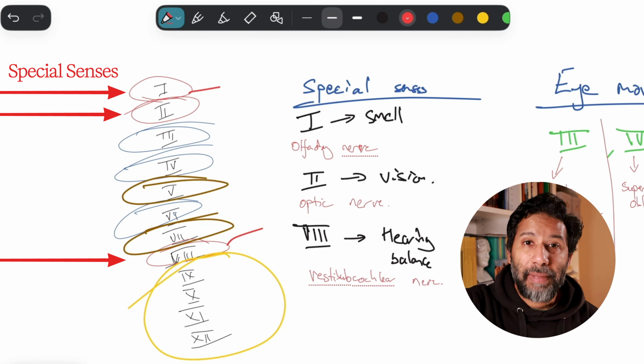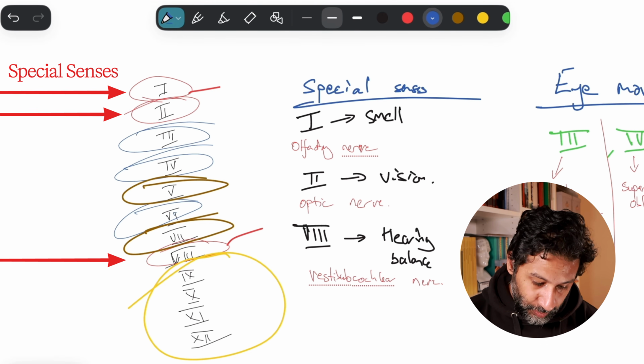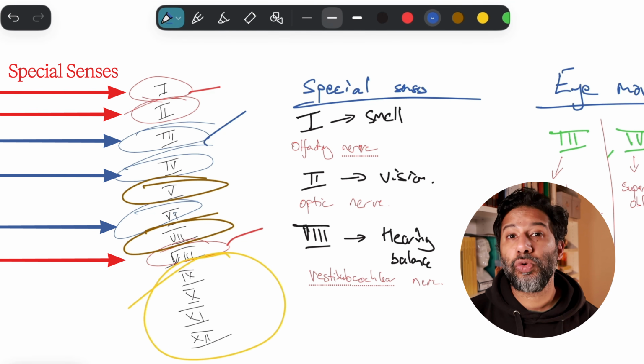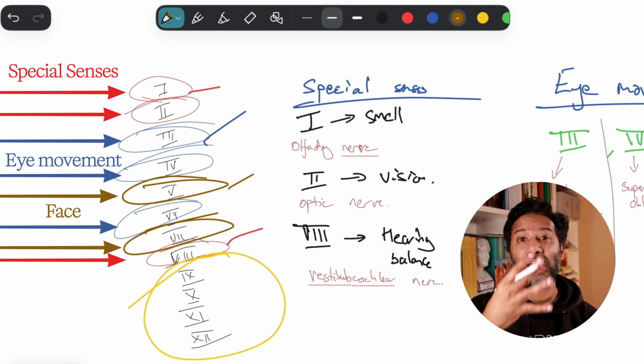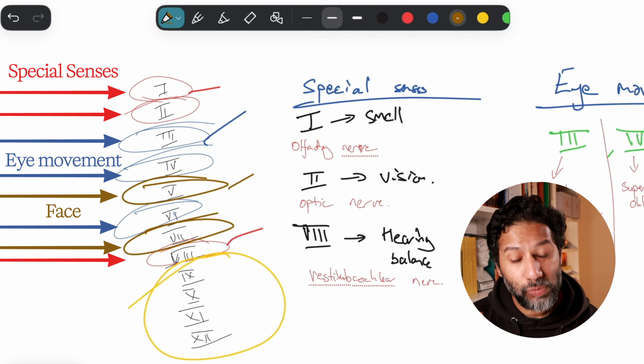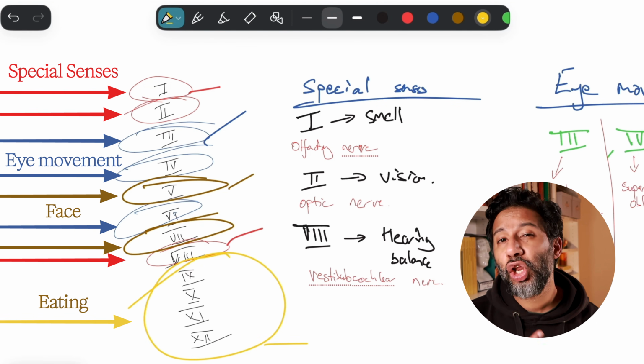They're to do with smell, vision, hearing, and balance. Everything that we have in blue here is to do with eye movement. What we have in brown is to do with your face, to do with sensation as well as movement. And then finally here, the bulbar nerves are to do with swallowing, eating, and articulation.